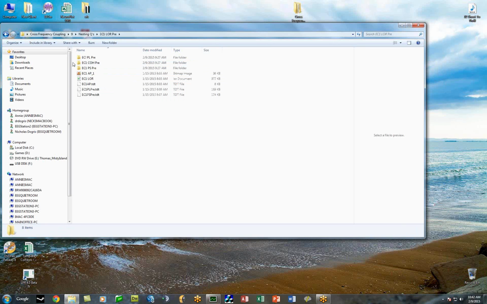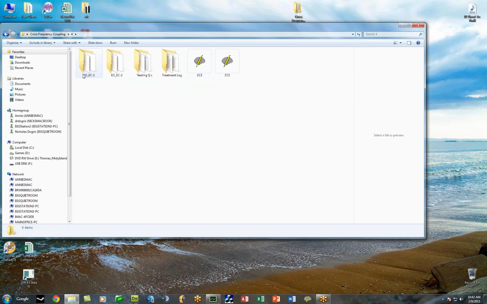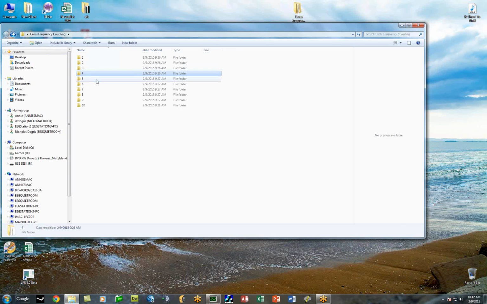We have some more pre and post here. If we look at, oh yeah, that's the one I wanted to show you, which was, which one was he? Nope, that's not it.